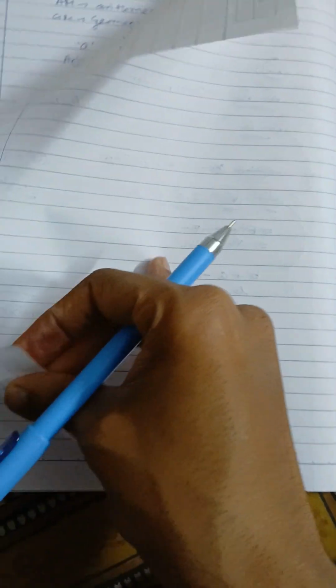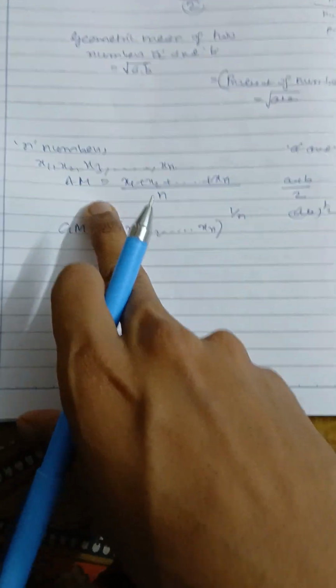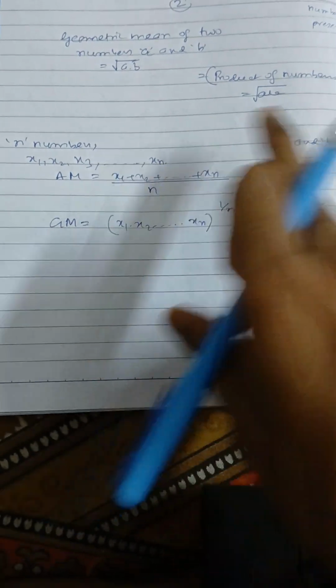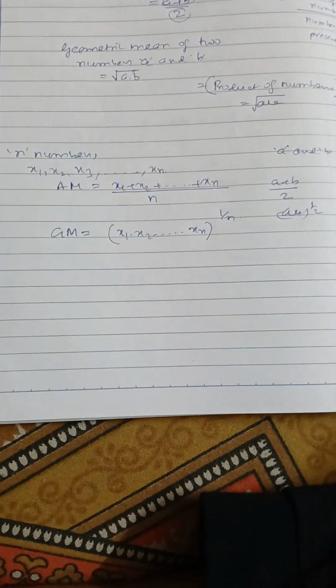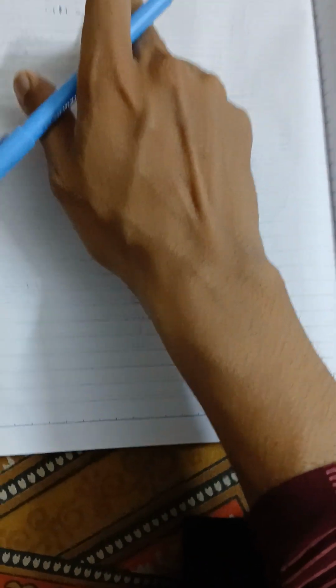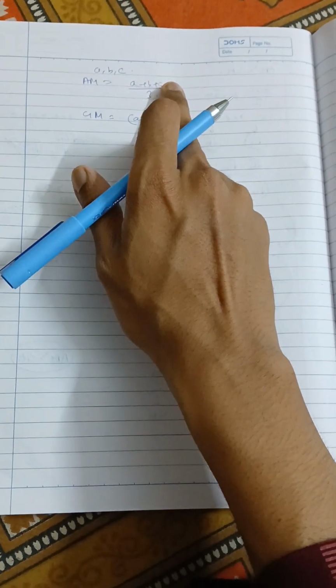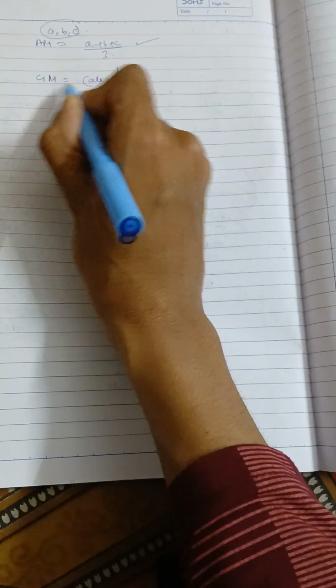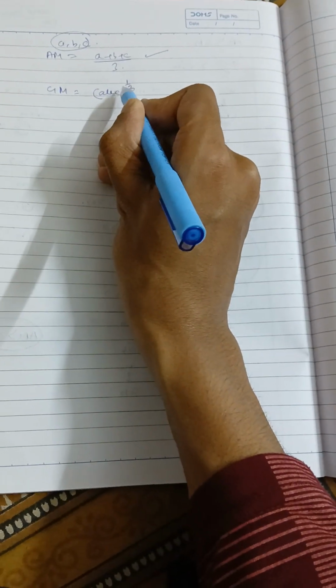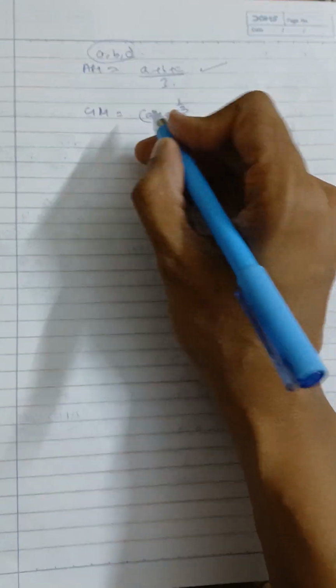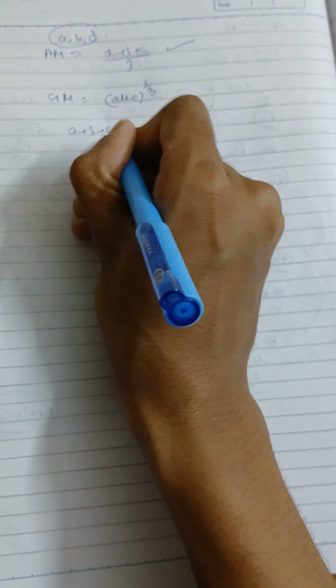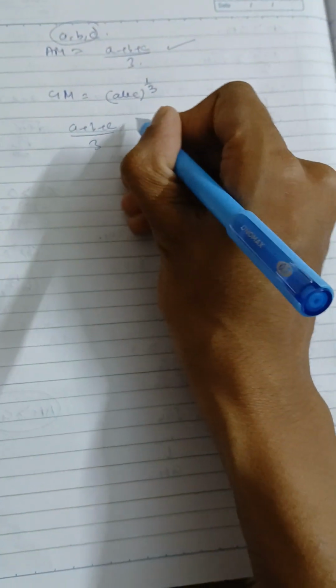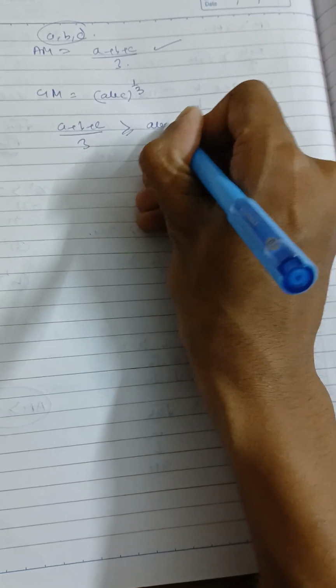As we discussed, arithmetic mean is the normal average: the sum of numbers a plus b plus c upon how many numbers there are, 3. Geometric mean is the product of all numbers to the power 1 by n. So this inequality holds for 3 numbers also: a plus b plus c by 3 is greater than or equal to abc to the power 1/3.